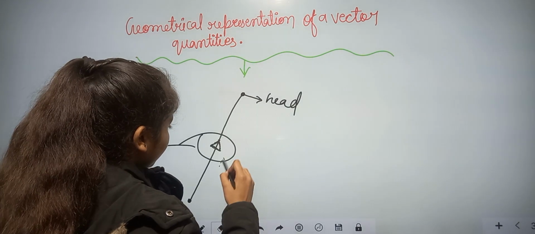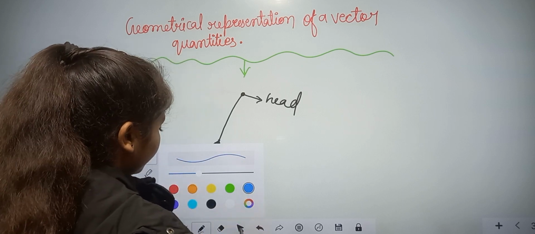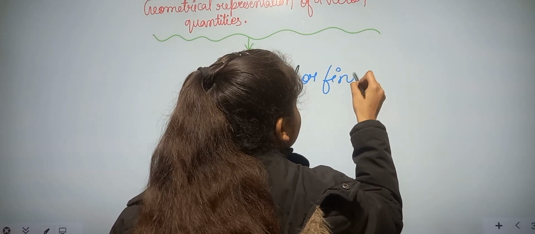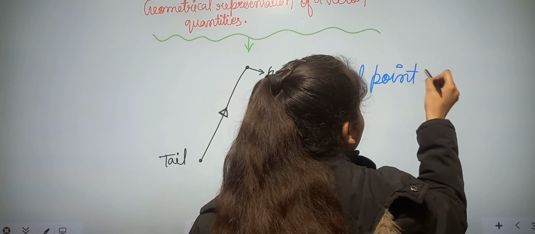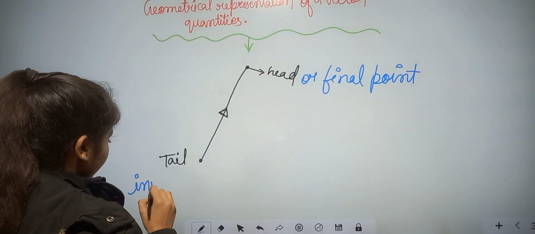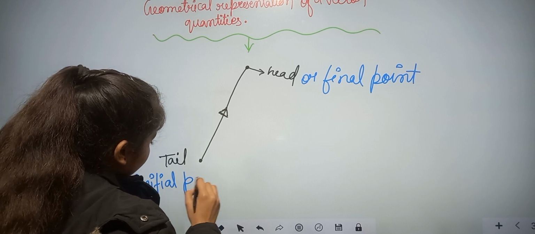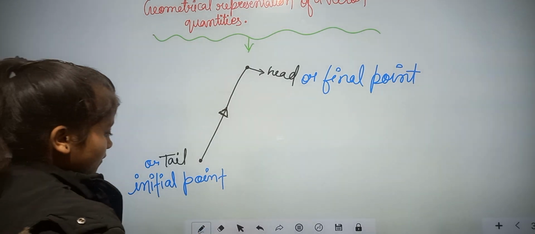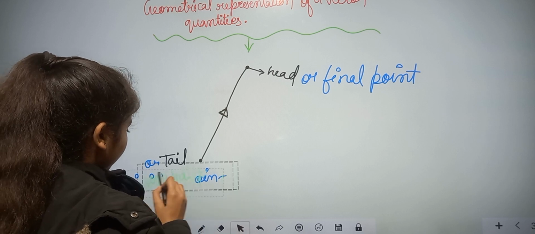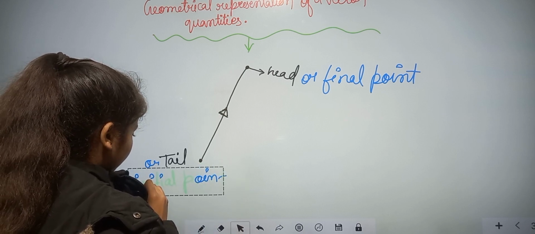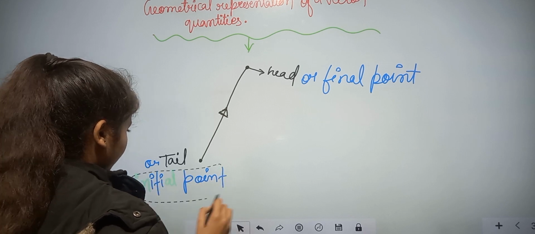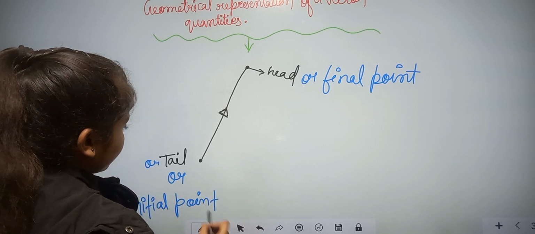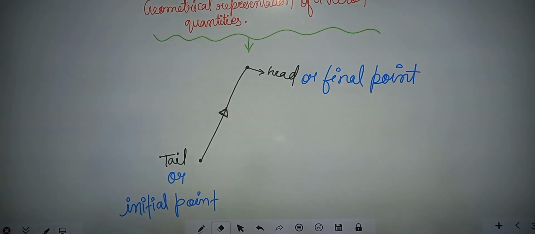So this head, or you can also write final point, and here initial, it means from where we start, initial point, and tail or initial point, and here head or final point.